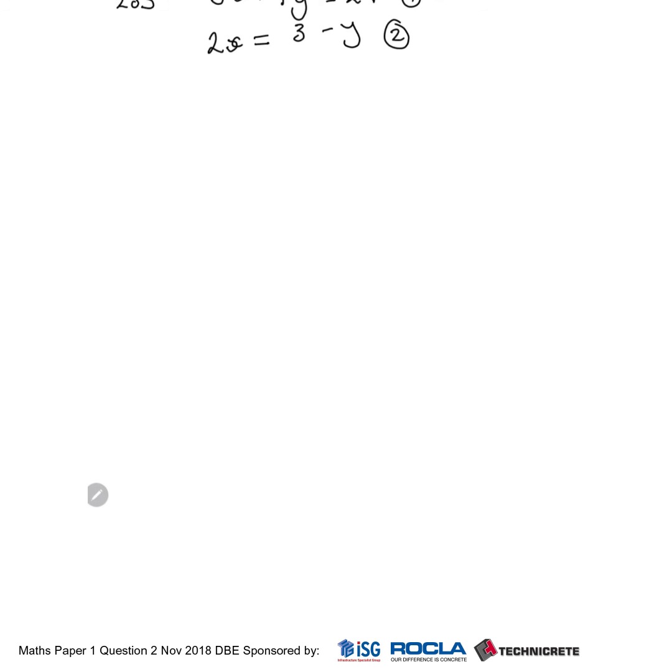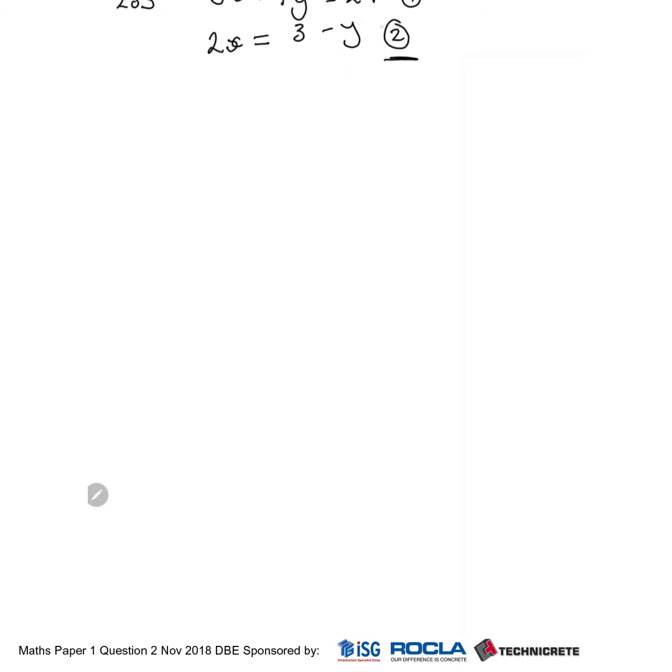So let's just tidy this up a bit so it looks somewhat similar. I'm going to change equation 2 to look like 2x plus y is equal to 3. Oh, sorry, let me make this a bit easier.